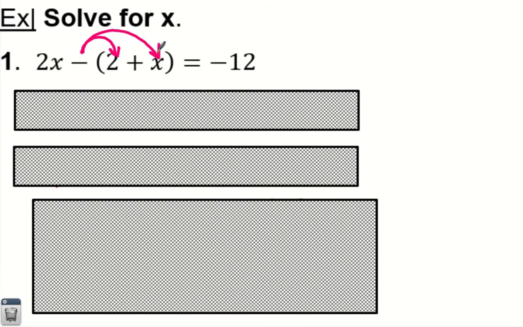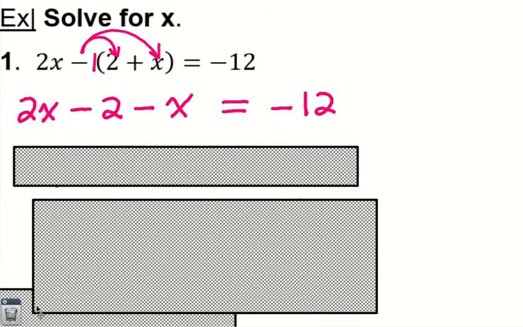So we do not distribute the 2x. What we're distributing here is just a minus sign, or technically a minus 1. Okay? And so with distributing that minus sign or minus 1, negative 1 times 2 is negative 2, and then negative 1 times positive x is negative x. So then we get to here.